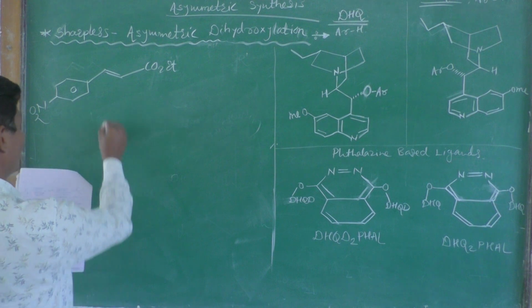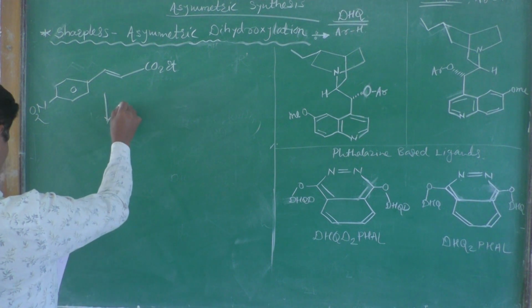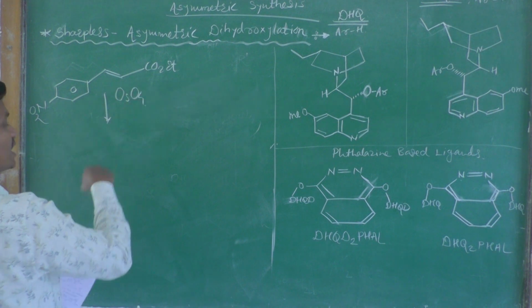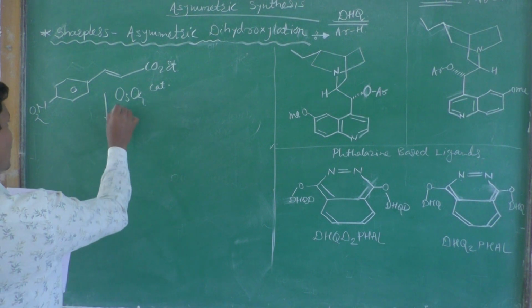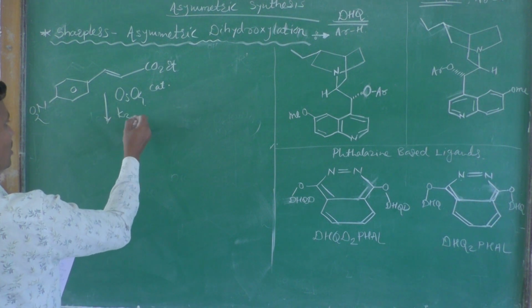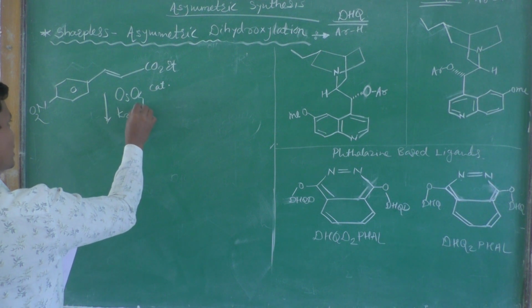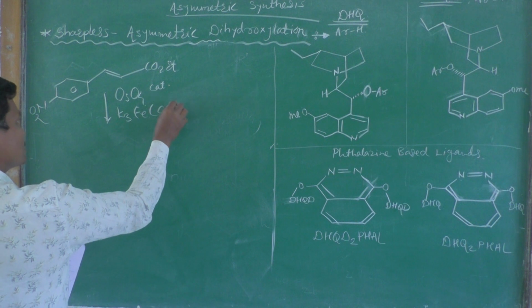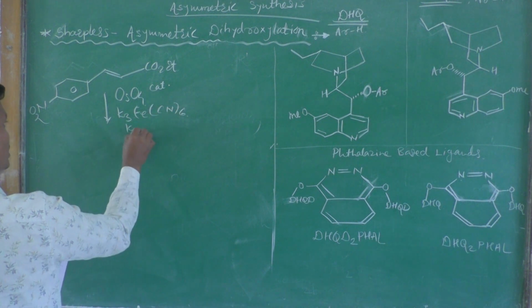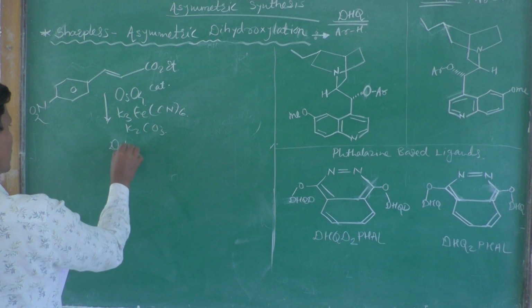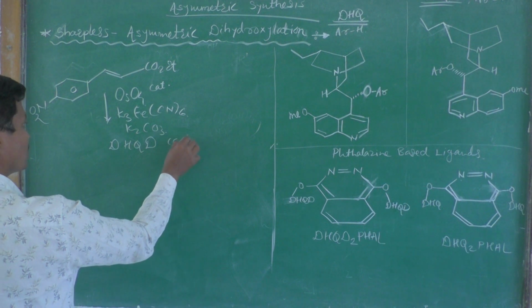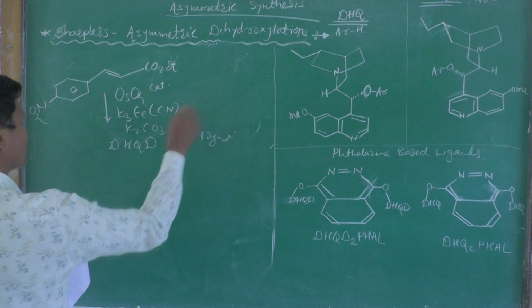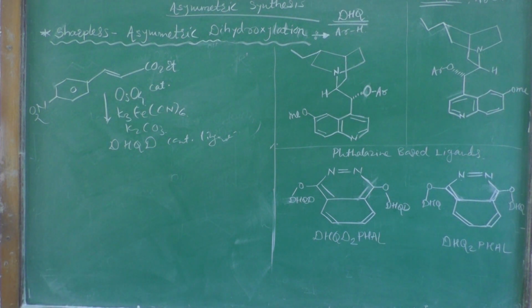When a catalytic amount of OsO4, osmium tetroxide, is used, the remaining reagents are the same as before: K3Fe(CN)6, then potassium carbonate K2CO3, then the DHQD containing ligand. So this information is given, and we have to ask what will be the product with correct stereochemistry.